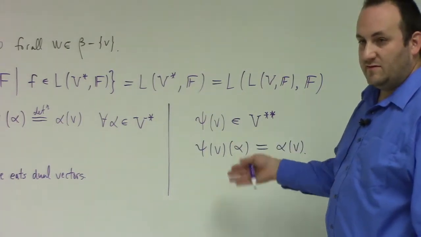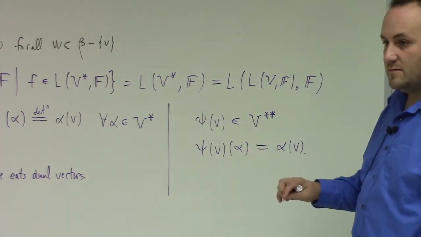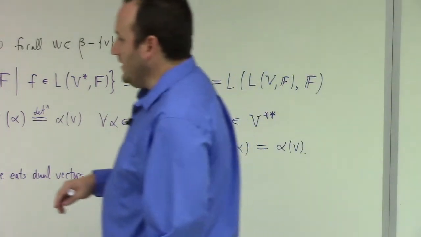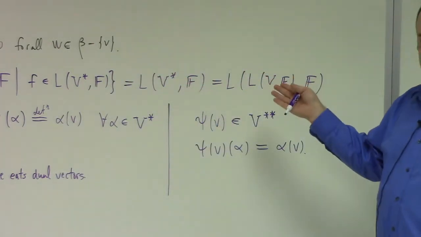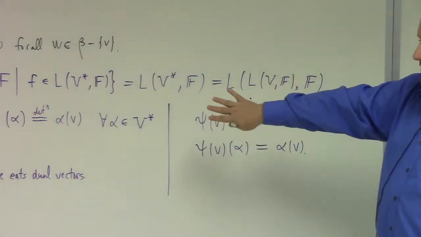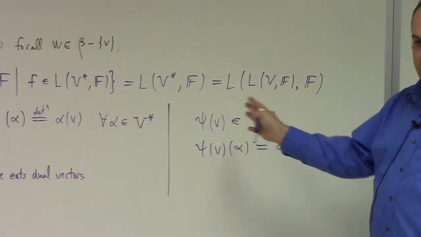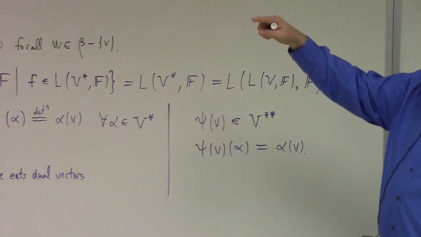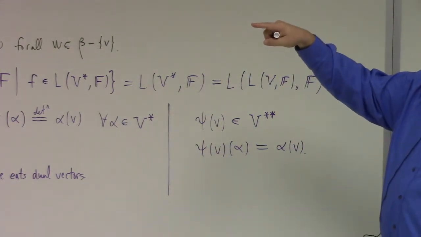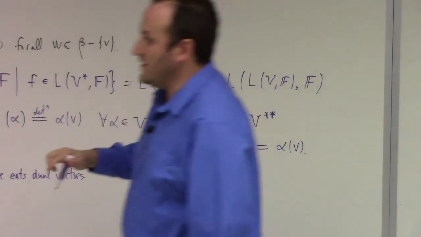Maybe I'll try to give you surjective in a homework. I'll try to set it up so that it's not hard. Now this is called a natural isomorphism of the vector space and its double dual, because there are no coordinates here anywhere. It's all just maps, right? There's no basis dependence. The isomorphism between V and its dual is based on the choice of the basis beta, which I haven't named yet.